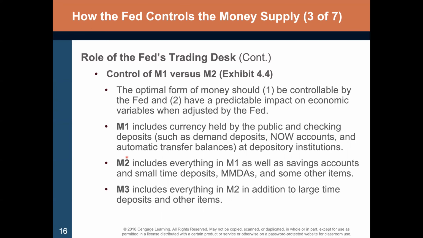So we can look at M2, which includes everything in M1, so all of these, plus savings accounts and small time deposits, money market deposit accounts, and some other items. And then M3 includes everything in M2, which of course includes everything in M1, in addition to large time deposits and other items.